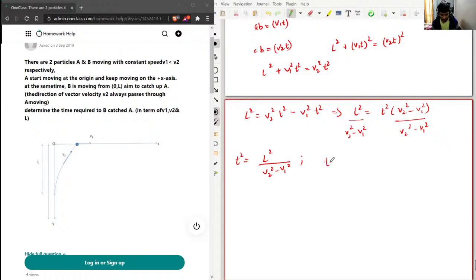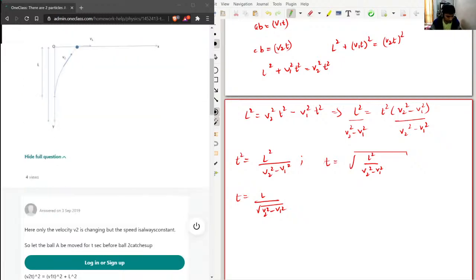After taking the square root, I'll get t equal to L over the square root of v2 square minus v1 square. So we had to find the time t in terms of v1, v2 and L.